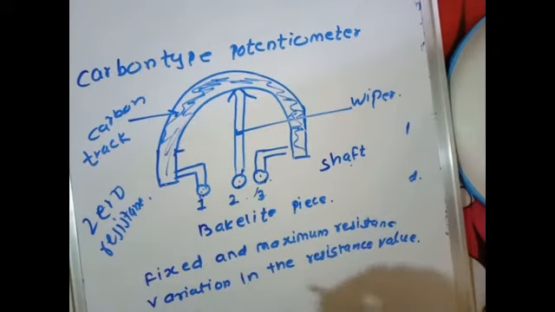Okay. So variable resistors are of two types: one is the linear type and another is the log type.